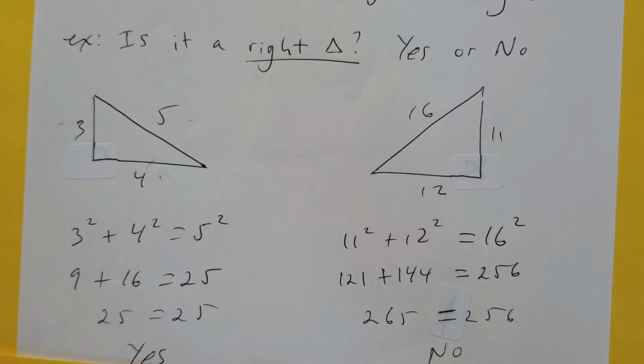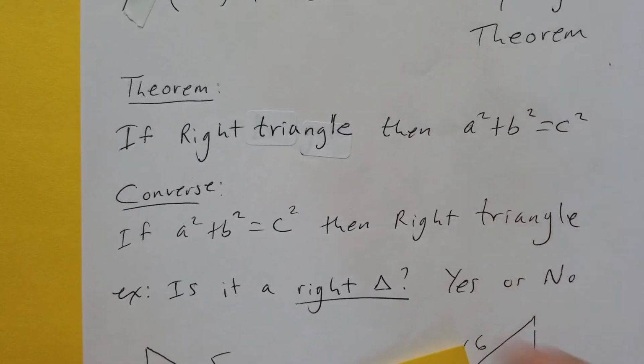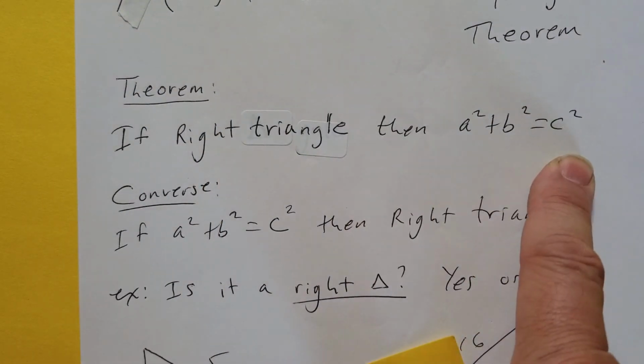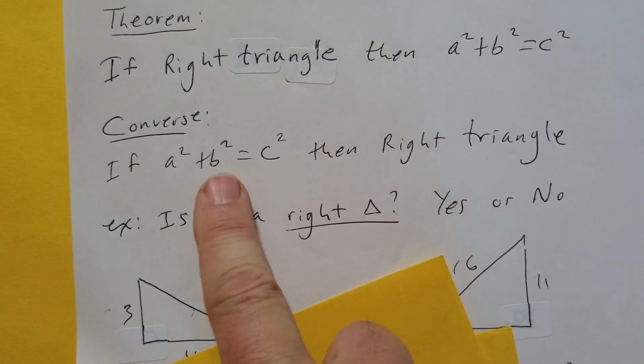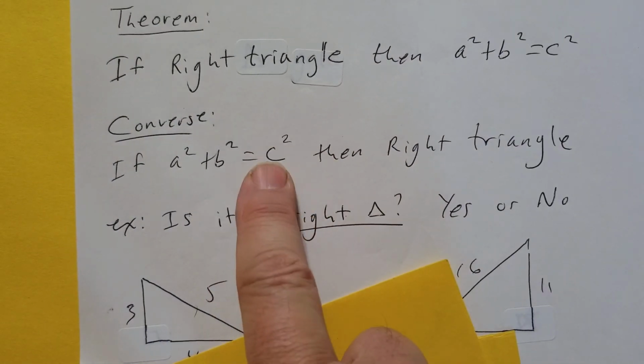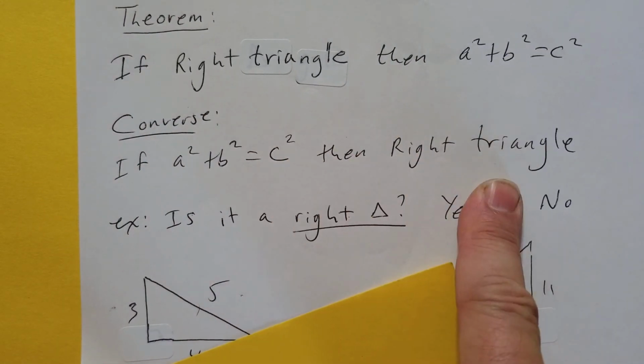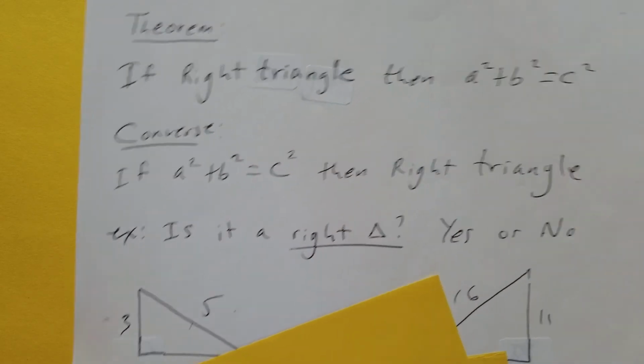We start with a right triangle. That's what we said in the beginning. If you start with a right triangle, then you can use this to find the missing side. But today what we did is we didn't start with a right triangle. We started with some triangle, and we're trying to see if this works. If this works, then we can say, yes, it is a right triangle. That's what we did today.